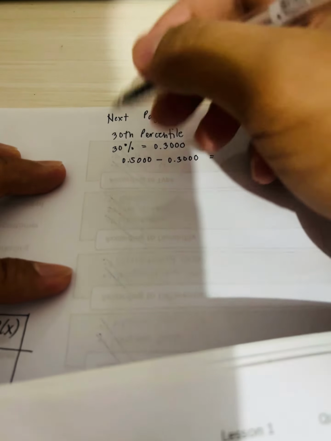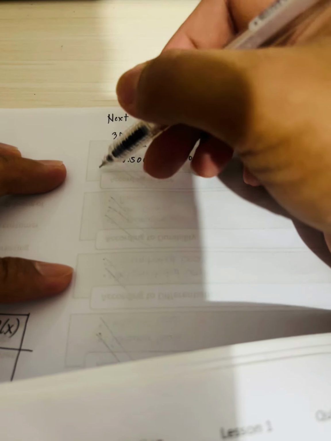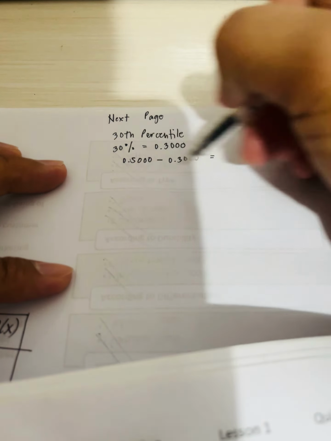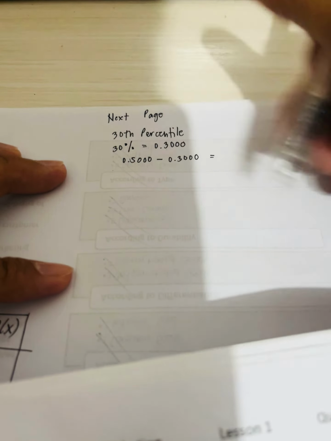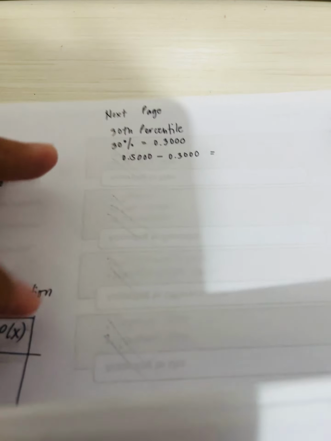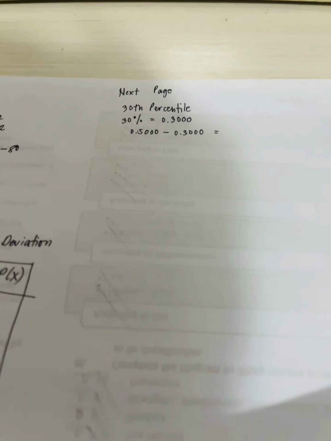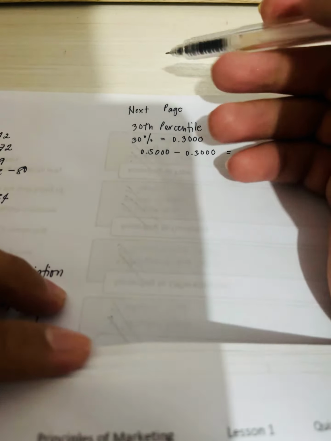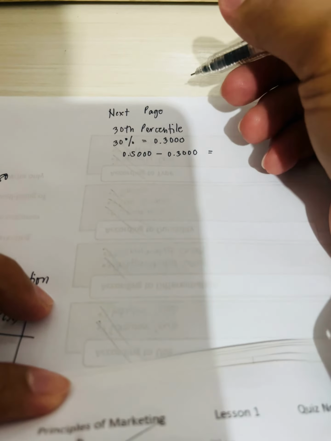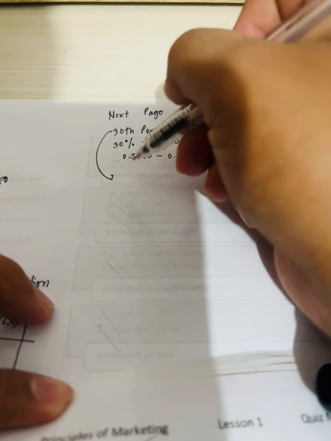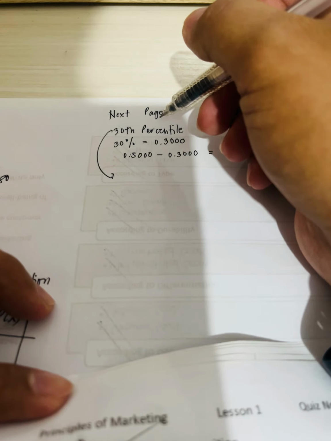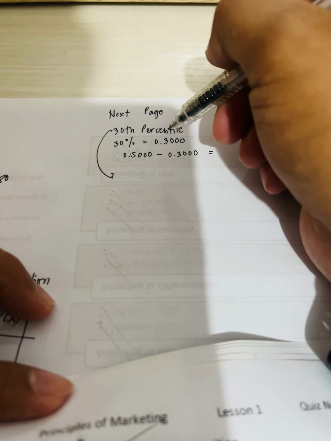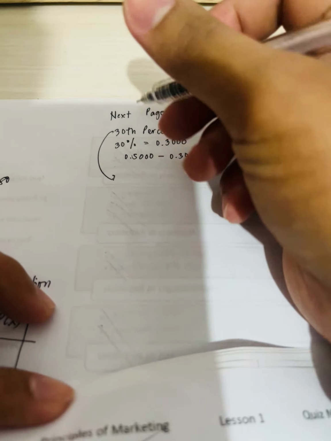I'm sorry. For the sake of our example, I will not be computing the 30th percentile, but instead I will be computing the 35th percentile. Because I will be calculating the 30th percentile, you will not solve that one; you will just copy it.